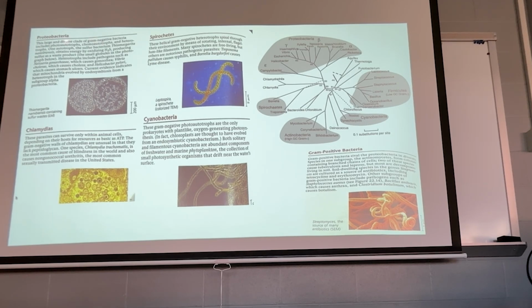It's the largest diverse clade of gram-negative bacteria, and they include a lot of different metabolic diversity as far as how they obtain and use nutrients. We're going to go over these next time, but they have photoautotrophic, chemoautotrophic, and heterotrophic examples.